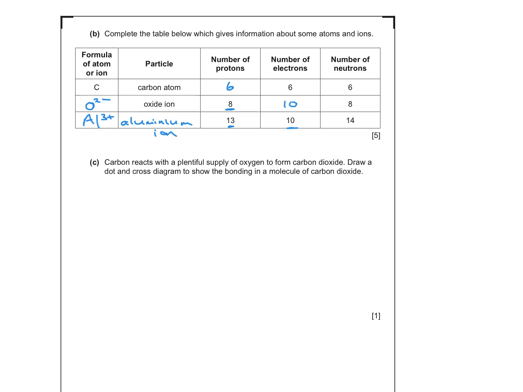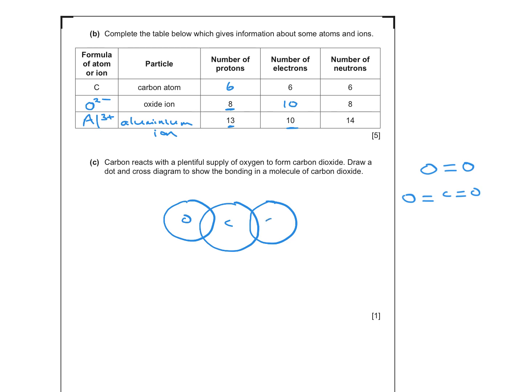And then part C is where you just have to draw a molecule of carbon dioxide. Remember, there are 2 molecules that contain a double covalent bond. One is oxygen, the other is carbon dioxide. So I'm going to draw the carbon atom, and then 2 atoms of oxygen.